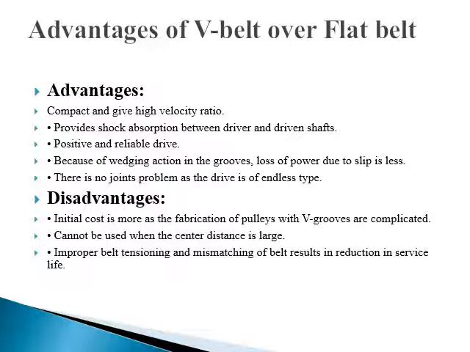Improper belt tensioning and mismatching of belt results in reduction in service life. So tightening, mismatching of the belt over the pulleys will lead to reduced service life. So these are the disadvantages of the V belt.